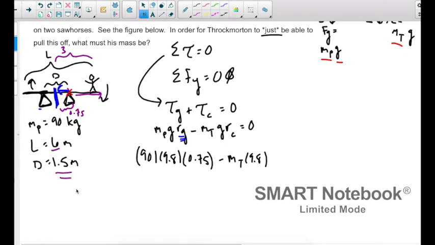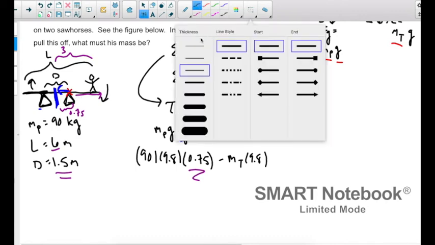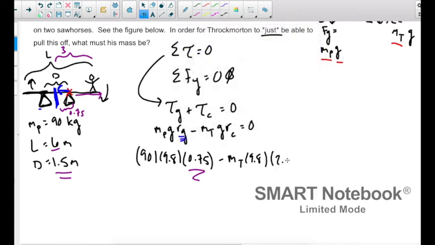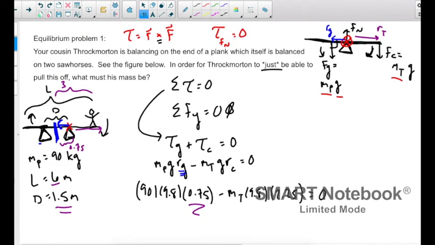It was half of this value. That's where we got this, right? So I know that Throcky is over here at the end, a total of 3 away from the middle. So he must be 2.25 away from the axis of rotation. So this RT value right here, the distance Throckmorton is from the axis of rotation, is 2.25.